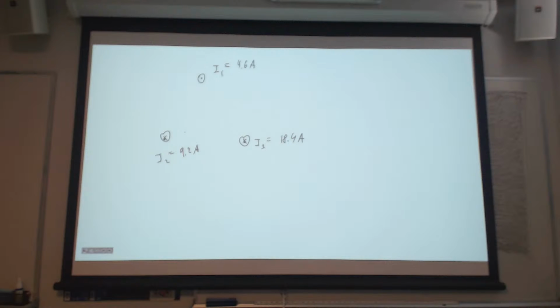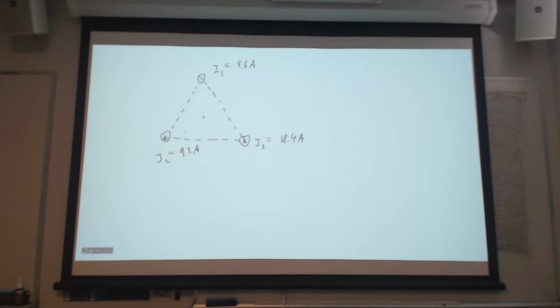And what are we looking for? You needed the magnitude and direction of the net magnetic field in the center of the triangle. Yeah.